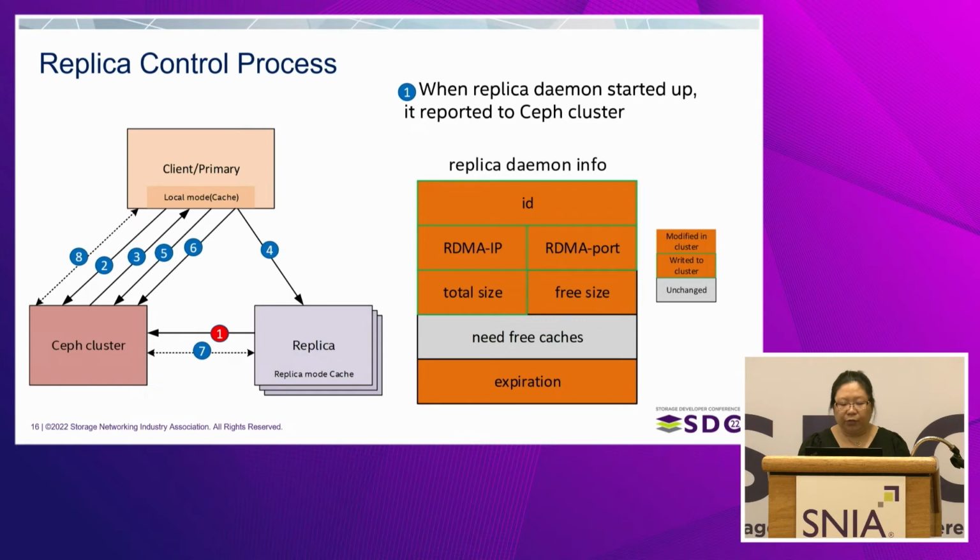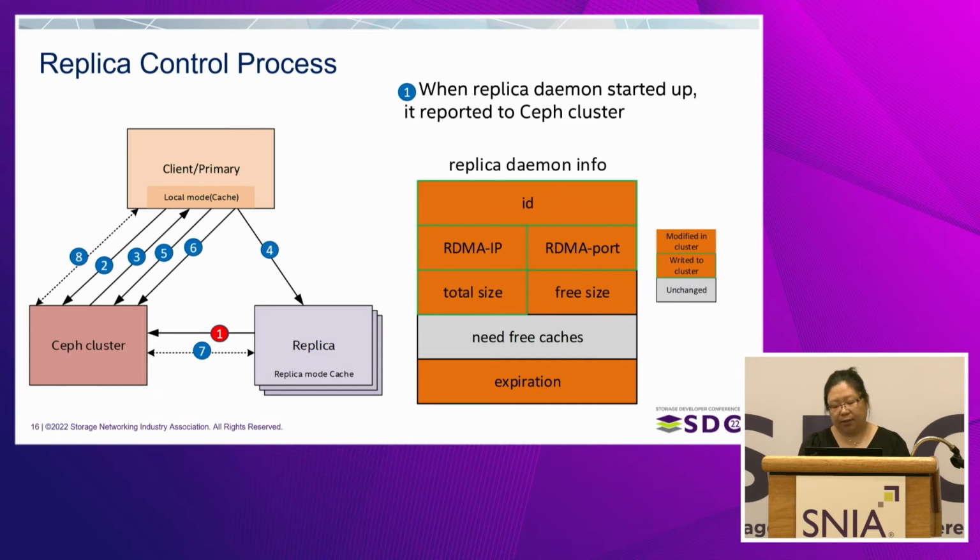When the replica daemon starts up, it reports the replica daemon information to the Ceph cluster: the ID, the replica's client ID, and the RDMA IP, RDMA port, and total size. At the beginning, free size equals the total size.